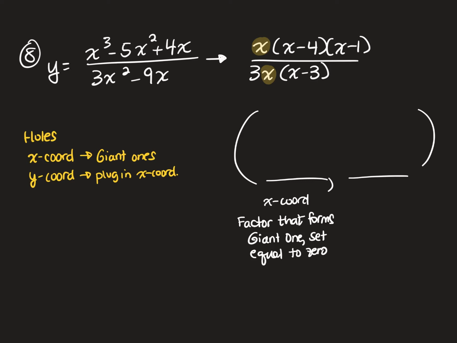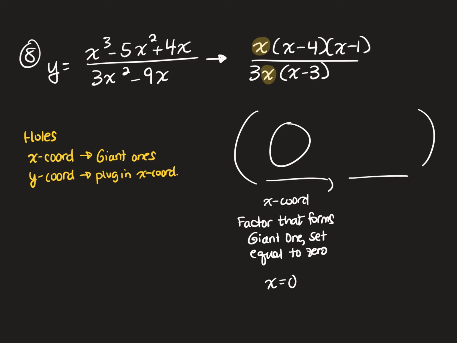That's going to give me my x-coordinate. The factor that forms the giant 1 is just x, so I set that equal to 0. What's nice about that is I don't have to do anything to solve for it. It's just 0. If it had been something else, like x minus 2, then I would have to solve for x by adding 2 to both sides, and I would have gotten 2 as my x-coordinate.